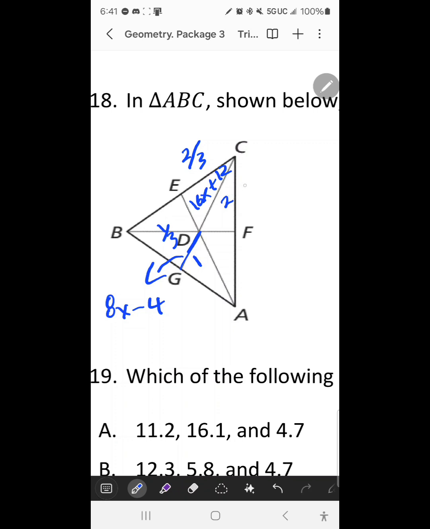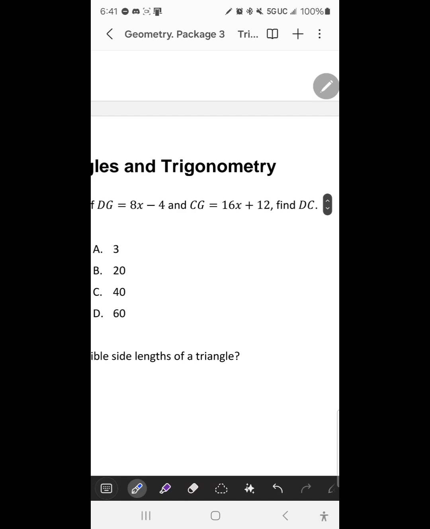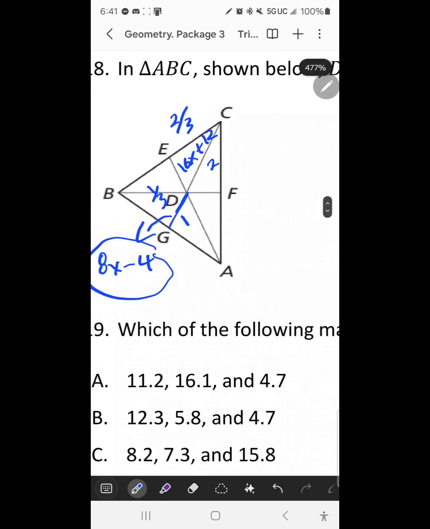If I multiply this one by 2, then I'm going to cancel the x. Let me do something.